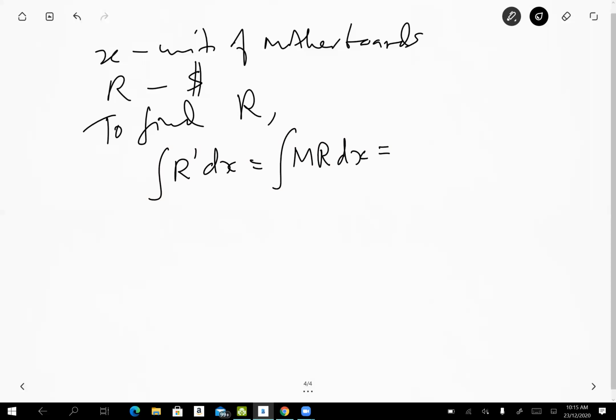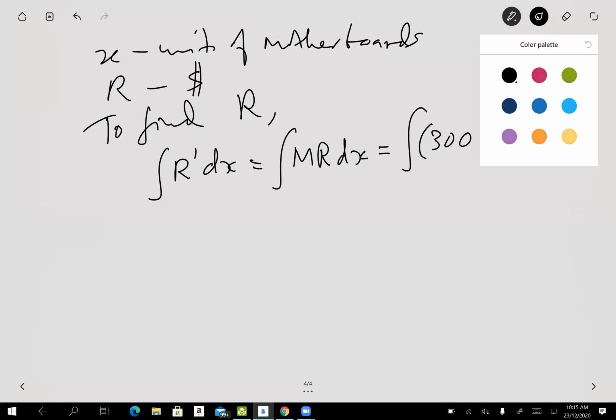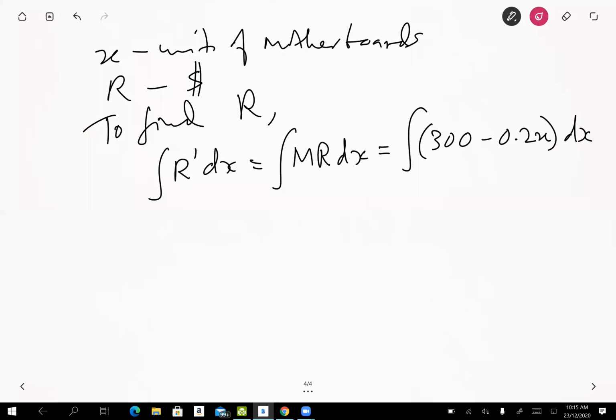And that is the integral of the function, which is 300 minus 0.2x dx. Here I would like to remind you of a minor mistake that people tend to make.